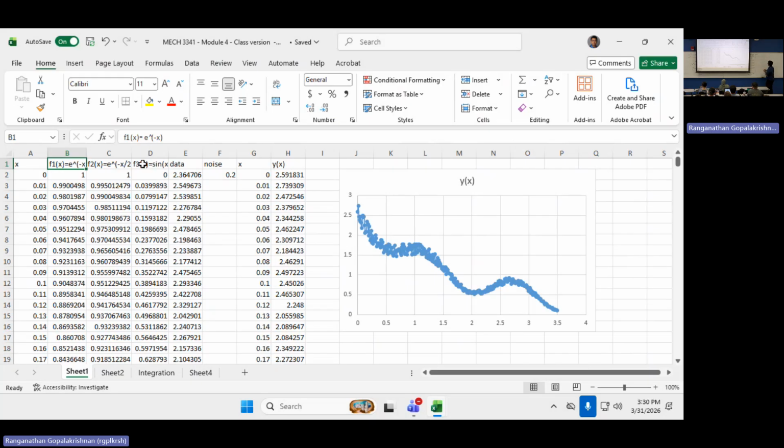So I'm telling you that the data can be represented as y of x equal to a1 f of x plus a2 g of x plus a3 h of x, where f of x equal to e power minus x, g of x equal to e power minus x over 2, and h of x equal to sine x.